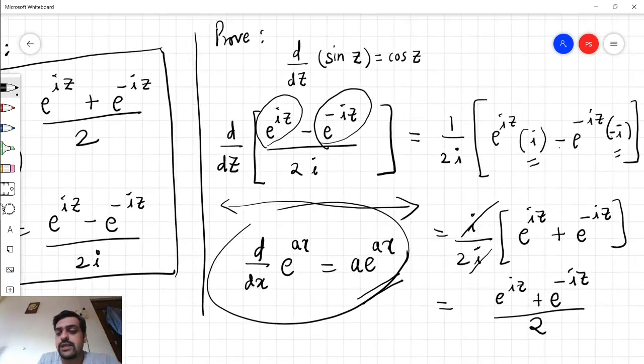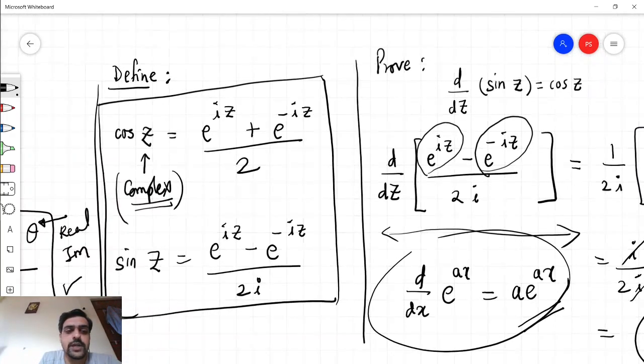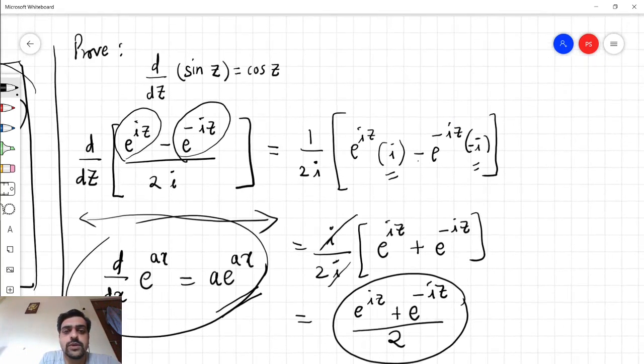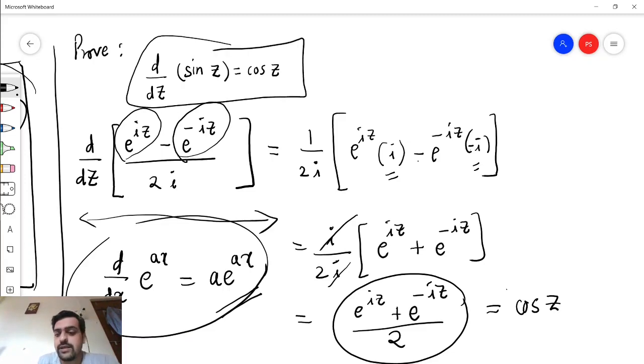And we can see that this expression is nothing but the expression for cos z. So this is what we were planning to prove, that d by dz of sin z is cos z.